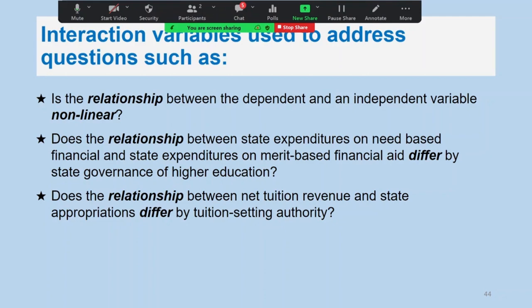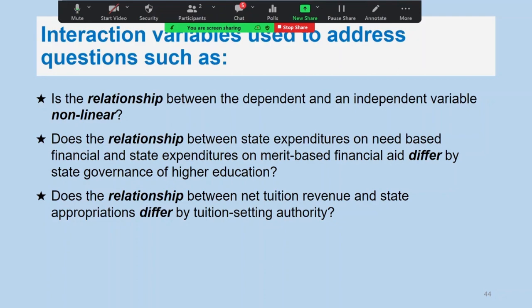So you get at that by creating an interaction variable between state governance, right, and say merit-based aid. That's a new variable. You didn't have to get more data because you already have data on state governance. You coded it, you have it in your data set, you have data on state expenditures for need-based aid and state expenditures on merit-based aid. You have those data, they're in there, right?